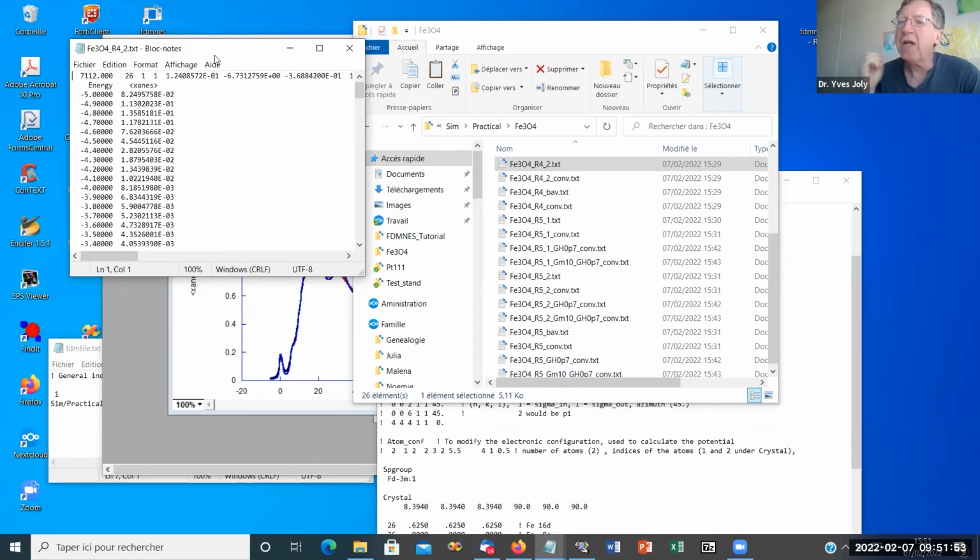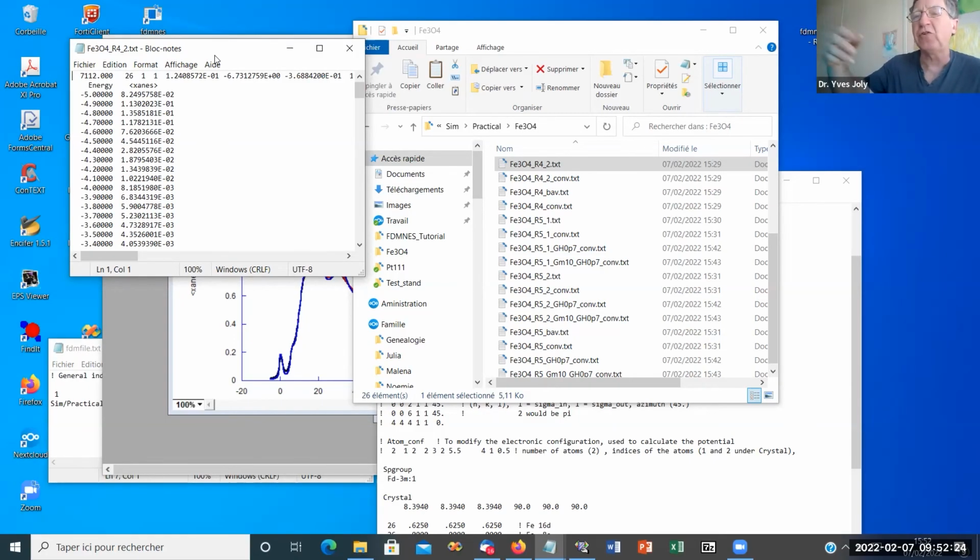Okay. Now, to do that, there is one thing more to do, because the edge energy for the experiment doesn't depend only on the states above the Fermi level. In fact, it depends also on the core state.